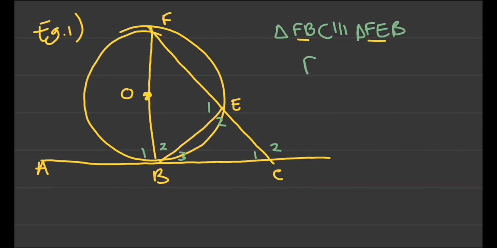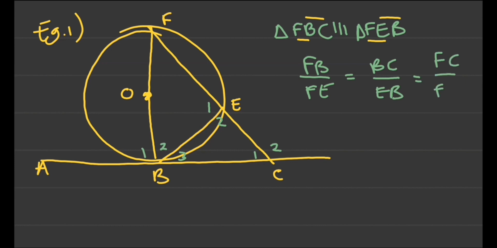So I'm going to say FB over FE equal to, and now I take the next two letters, BC over EB, and then I take the first and the last letter, so FC over FB.